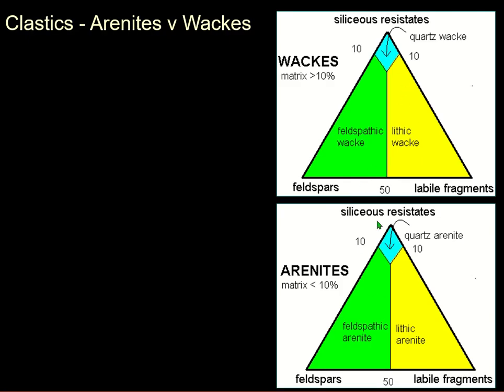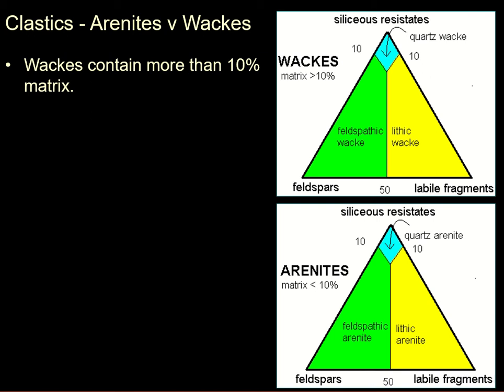So this looks like a very complicated diagram, but it's actually quite simple. So you have Arenites and you have Wackes. Okay, often called greywackes, which is an even more fun word. Wackes contain more than 10% matrix. So that's like fine stuff that is not sand sized. So this will be clay sized and silt sized material.